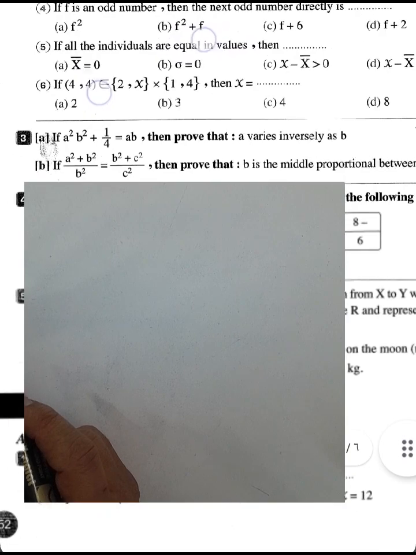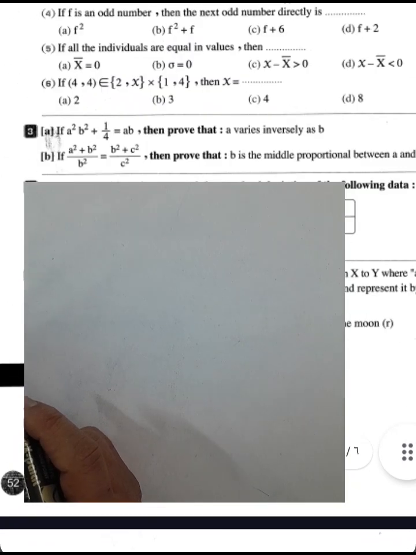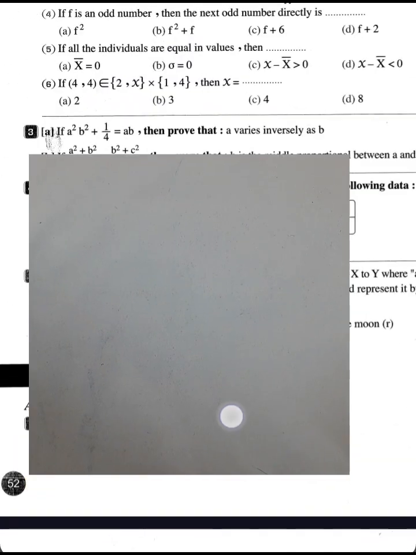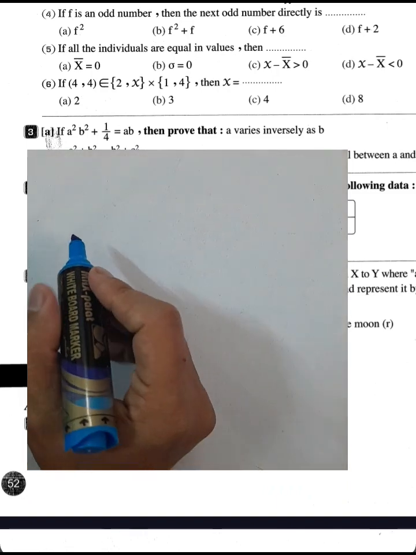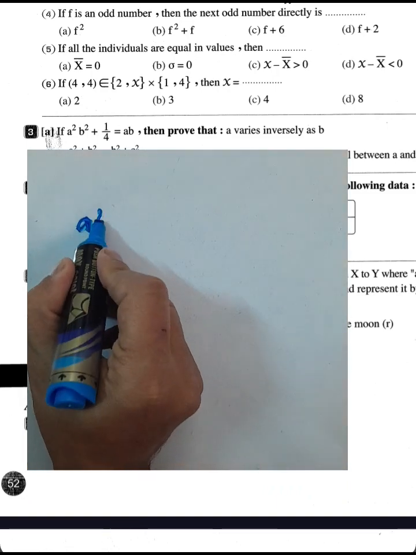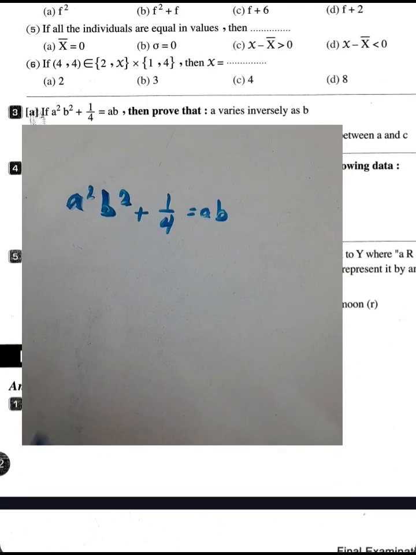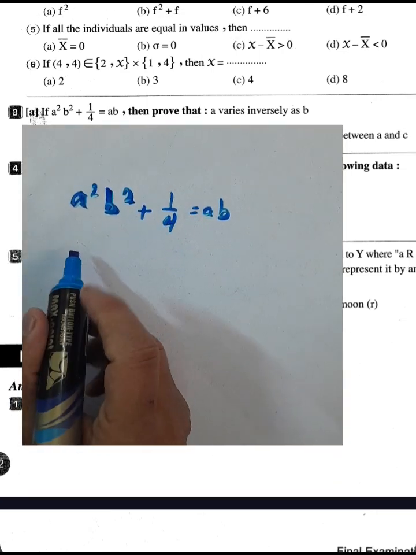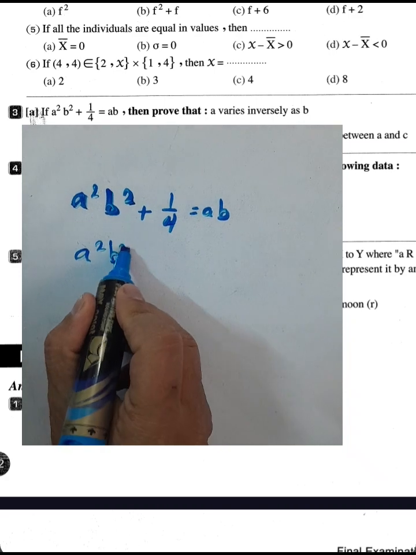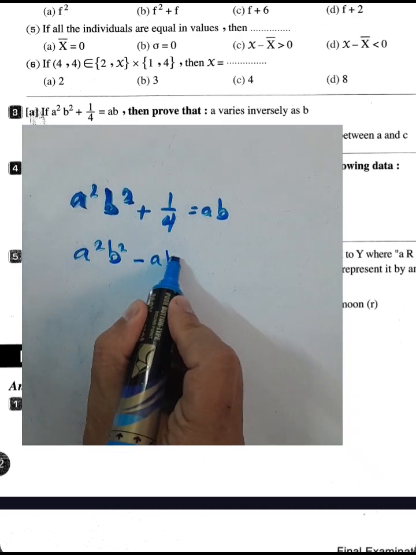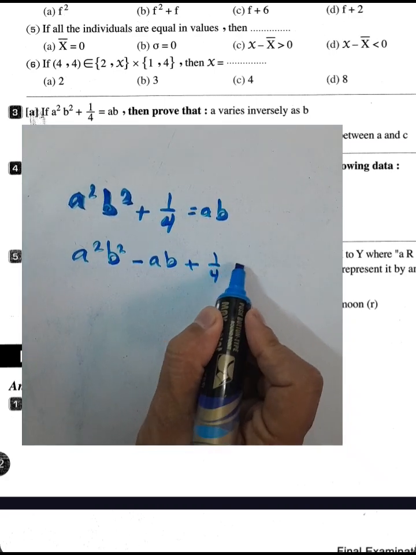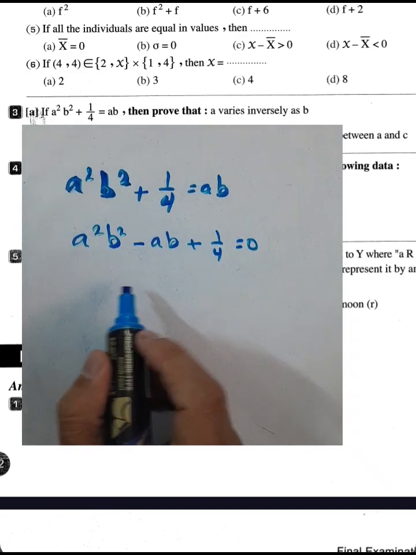Question letter A. If a power 2 plus b power 2 plus 4 is equal to a over b, we can factorize this expression by writing a power 2 b power 2 minus ab plus 4 equal 0, and then factorize this term.